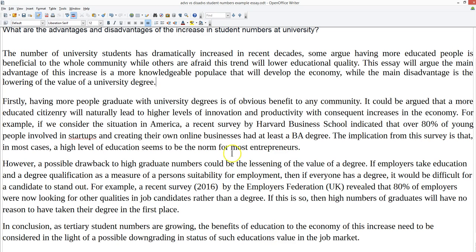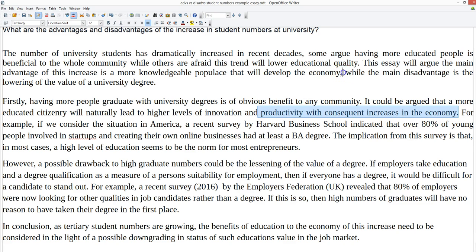So where are we? So firstly, having more people who graduate is of obvious benefit to a community. So that's the general idea. You explain it. It could be argued that a more educated citizenry will lead to high levels of innovation and productivity with consequent increases in the economy.